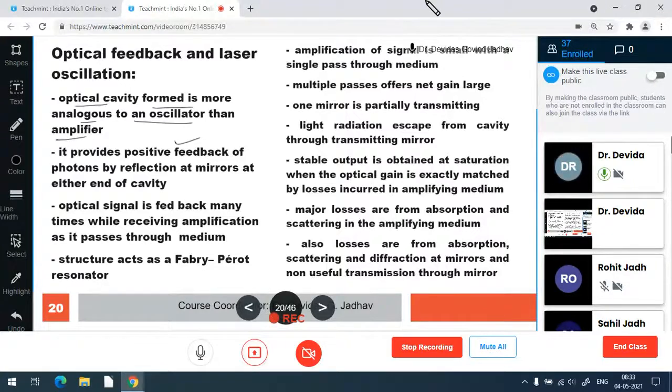Optical signal is fed back many times while receiving the amplification. To get more amplification continuously, the optical feedback is oscillated many times in the medium. So it passes through the medium many times. So this structure is a fabricated resonator.